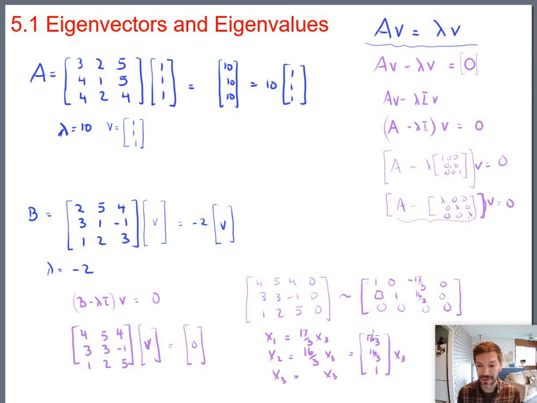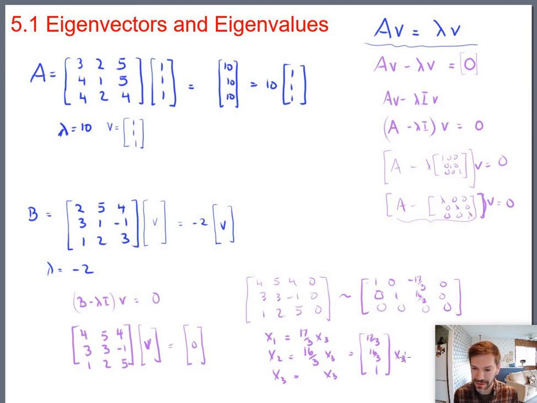You can certainly use, and this by the way is always true, any multiple of an eigenvector is also an eigenvector. So up here in the previous example, if I started with 2, 2, 2, I would have gotten 20, 20, 20 here. It still would have been the same 10 times what we started with. But anyway, any multiple of this is going to be an eigenvector.